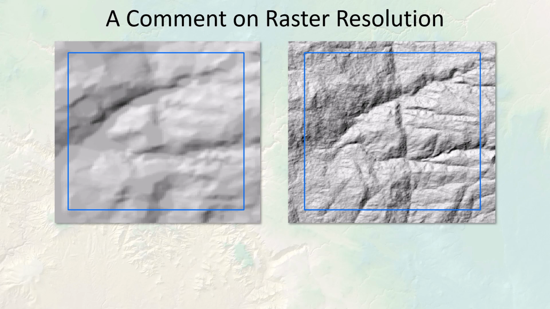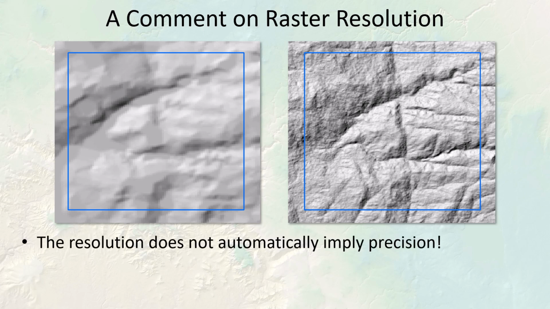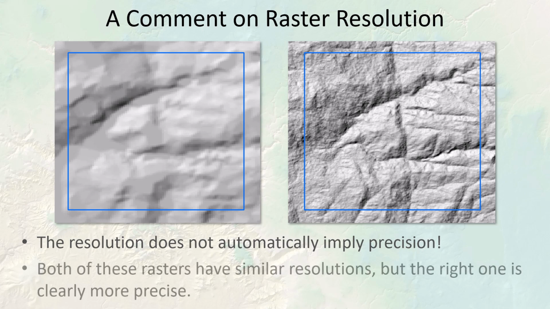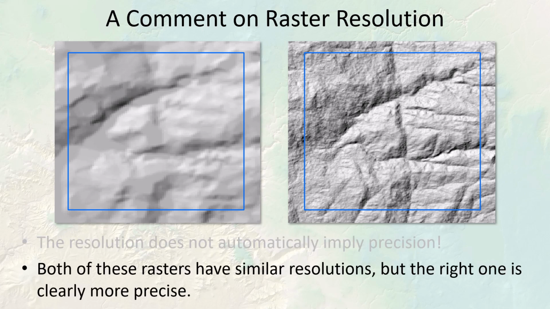The image on the right is the same area, and it has the exact same resolution, but the image on the right clearly has much more detail of the landscape. So both of these have the same resolution, but you can tell that the one on the left was likely resampled from a coarser resolution raster, and so you didn't get all the data that you thought you got. So just a word of warning.